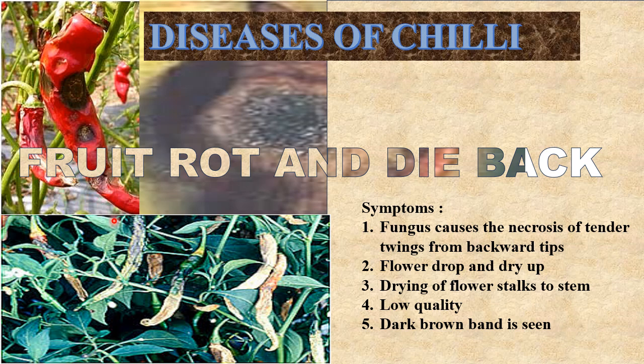Flower drop will occur, more flower stalks will dry up, and due to this low quality and decreased yield will come from the fruit rot and dieback disease. By symptom, a dark brown band is seen on the fruits.